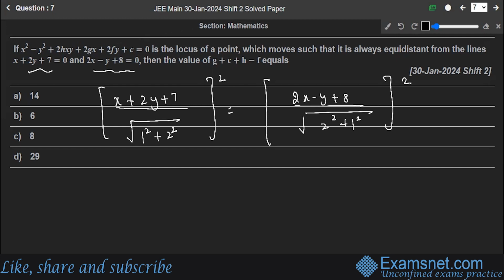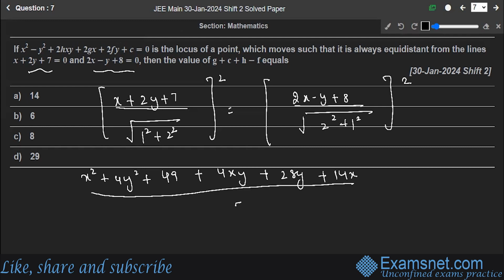On simplifying this, you will get x square plus 4y square plus 49 plus 4xy plus 28y plus 14x divided by 5 is equal to 4x square plus y square plus 64 minus 4xy minus 16y minus 32x, divided by 5. So they will cancel.